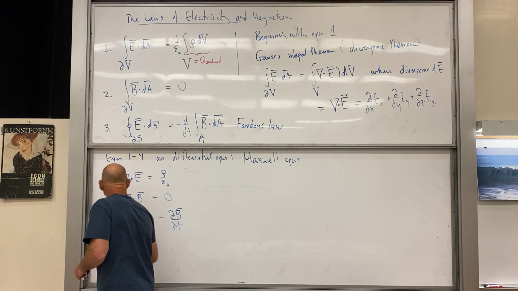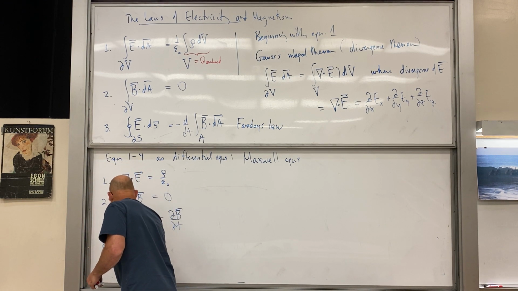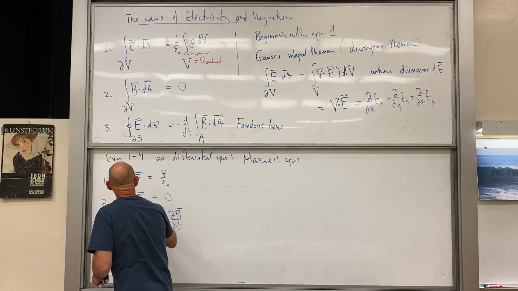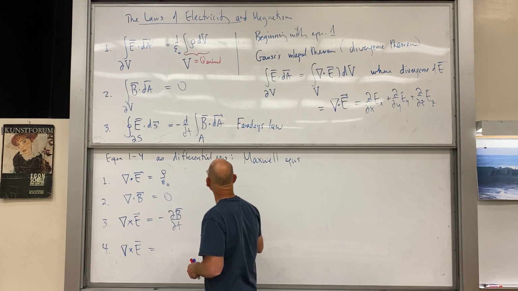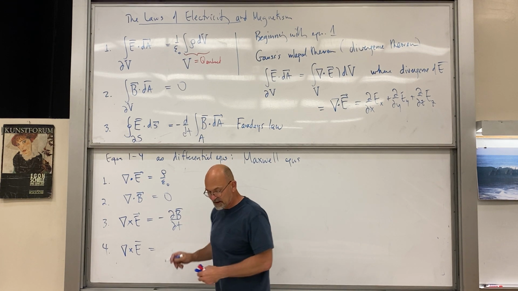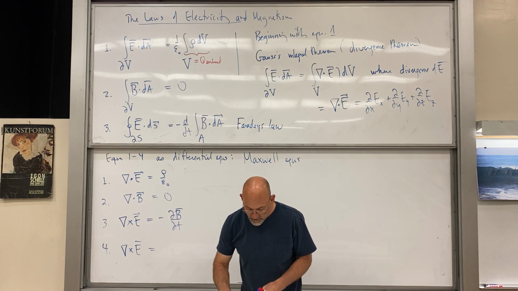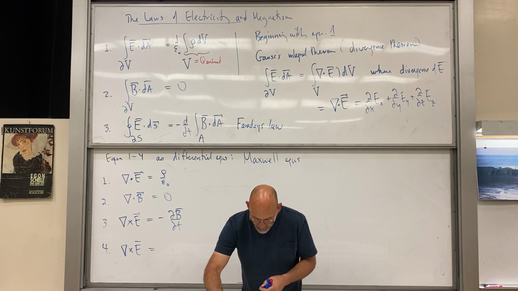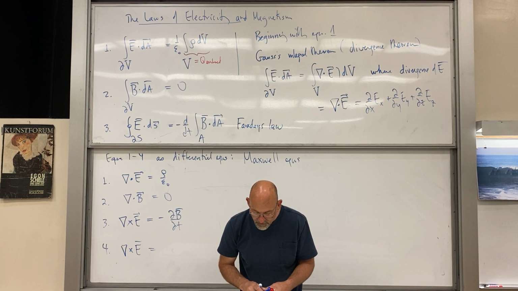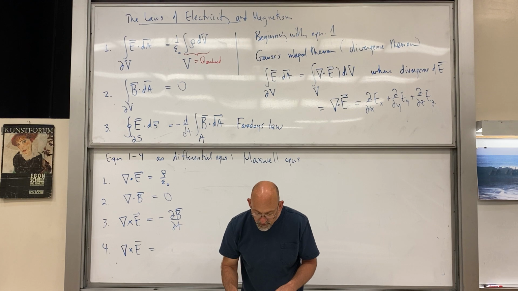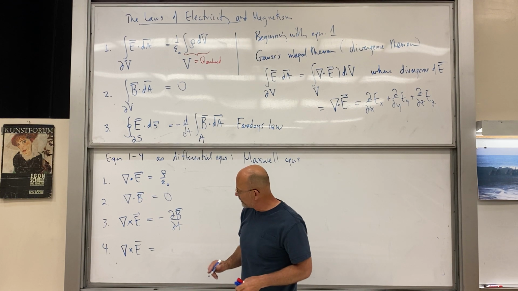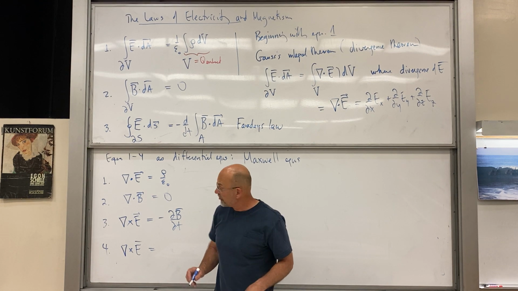And for the fourth one, for the Ampere-Maxwell, we're going to get the curl of E is equal to, I didn't write it down. Oh, I had it written down, I erased it right there. So the curl of E, we're going to take both terms with us for the moment.